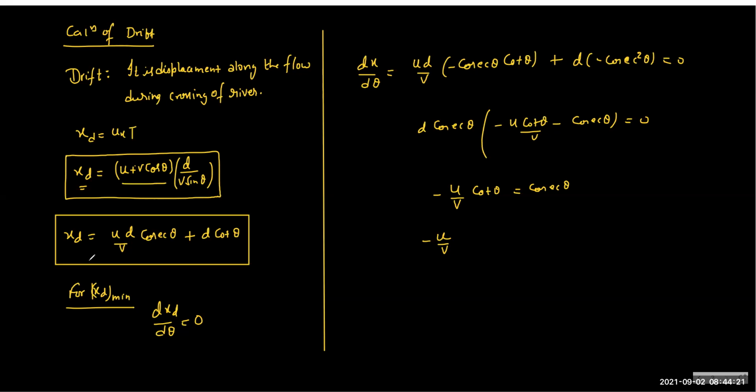You are getting the same answer, cos theta equals minus v by u, right? Yes, this is the same thing we're getting back. This is what we are not supposed to get actually. That's the problem. We are supposed to get u by v.